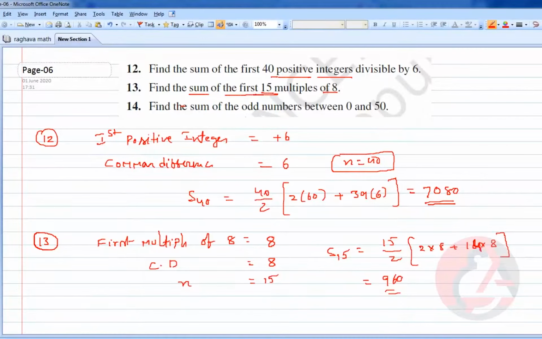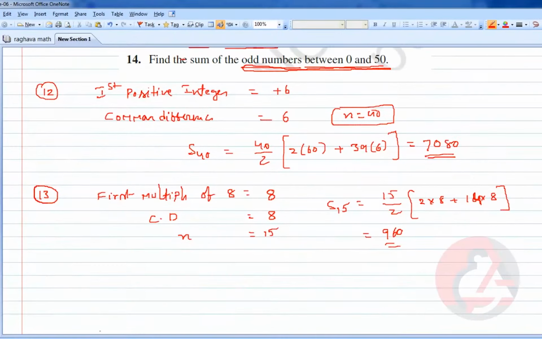See, find the sum of the odd numbers between 0 and 50. Go for the next question if completed. What is the first odd number between 0 and 50? List out the odd numbers from 0 to 50. What is the first odd number? 1.